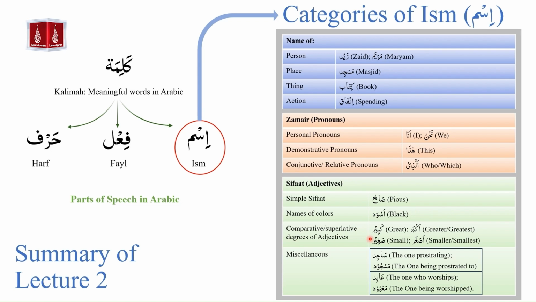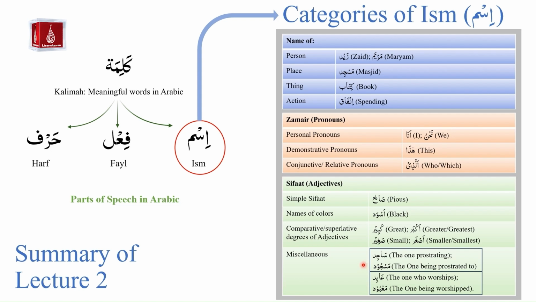Saghir is another example of an adjective that means small. But the comparative and superlative degree of saghir is asghar, which means smaller or smallest. Finally, we studied the miscellaneous category of sifat, which includes words such as sajid and masjud, abid and ma'bud. One is the name of a person who is performing an action, and the other is the name of the one towards whom the action is attributed.